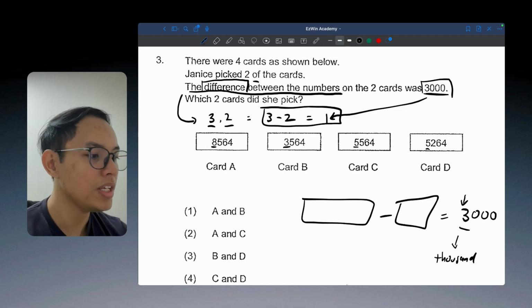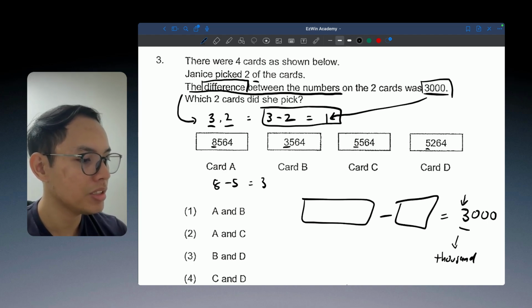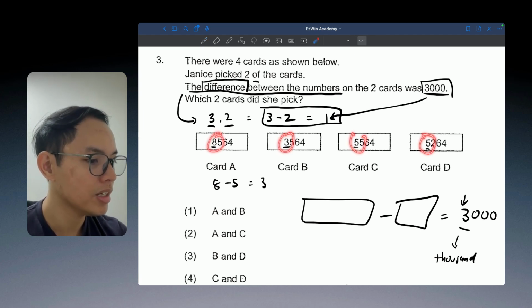Okay, so roughly you see that the only way that you can have 3000 or the number 3 is either you have 8 minus 5. Okay, so you see 8 minus 5 equal to 3, right? That's how you see it, right? So essentially you have 8, 3, 5, and 5. Okay, so that means it cannot be card D, right?